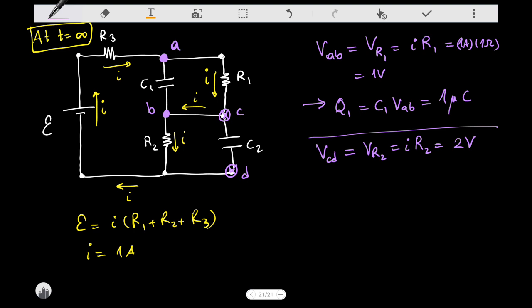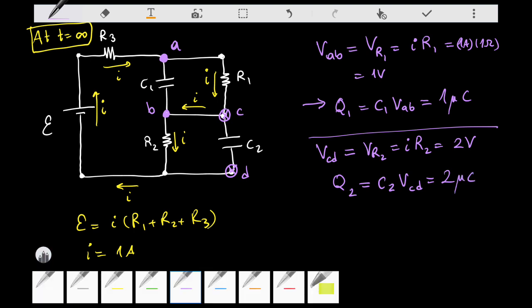So therefore the charge on the upper plate of the second capacitor is C2 times VCD. And again, it's 1 microfarad, but this time the potential difference is 2 volts. So therefore, this is 2 microcoulombs.